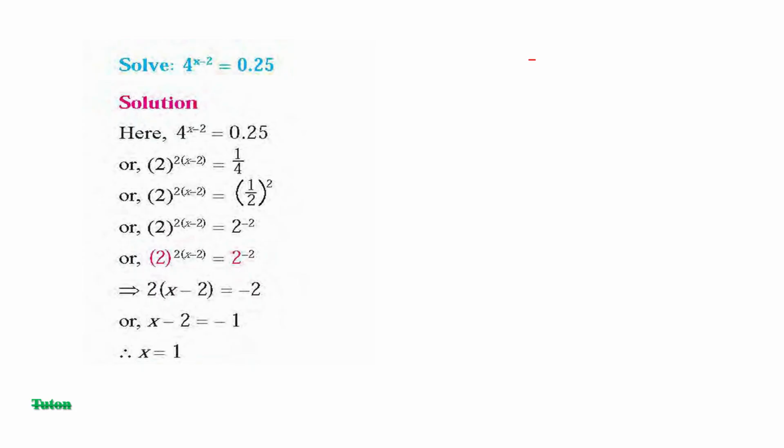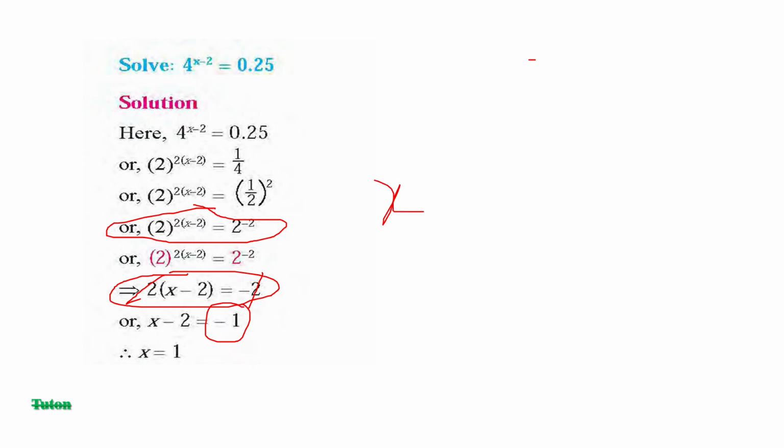Now we have simplified the left hand side and right hand side terms. According to the law of indices, if the base values are similar, we can equate the exponents, as we can see in this step. Now we go on to simple arithmetic operations. We cancel the 2, and 2 multiplied by x minus 2 and we are left with -1.